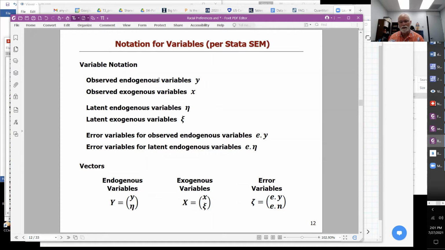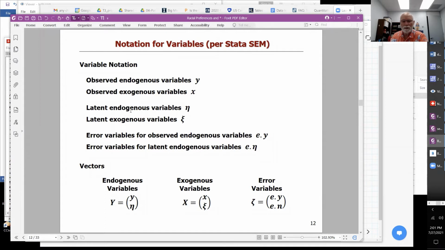But in our data set, we have measures that can be thought of as Y's. They're somewhere at some time going to be taken as dependent variables. We have other variables that are taken as exogenous. They're only going to be predictors, never dependent variables, never endogenous. These are the observed variables.